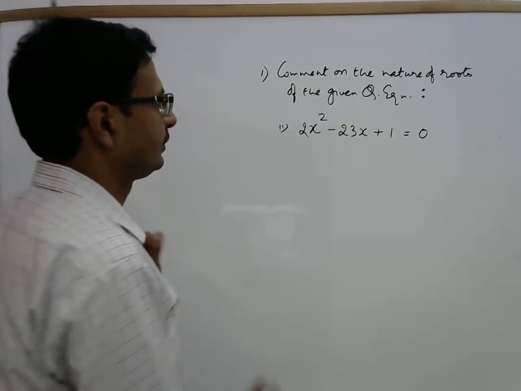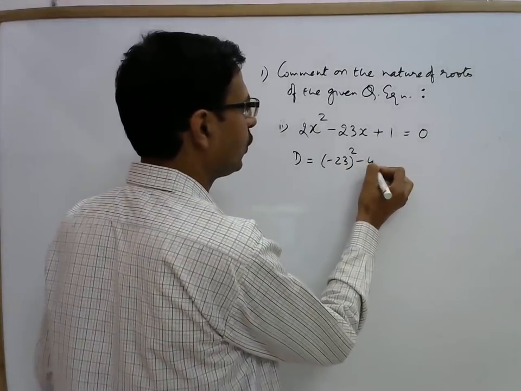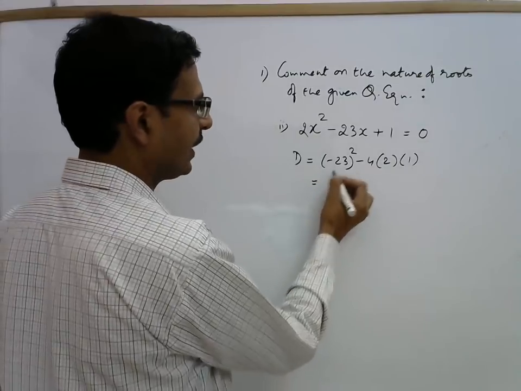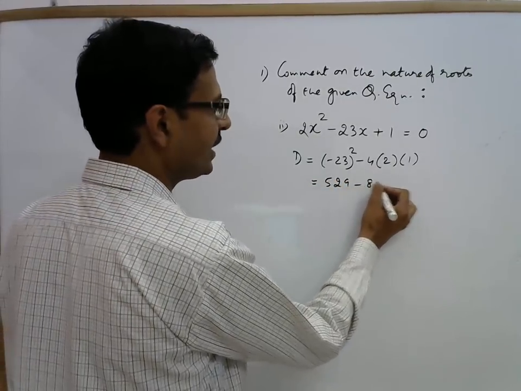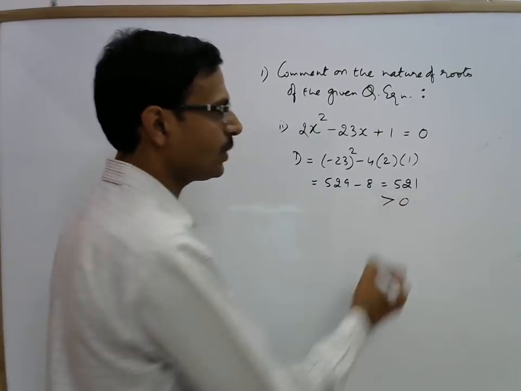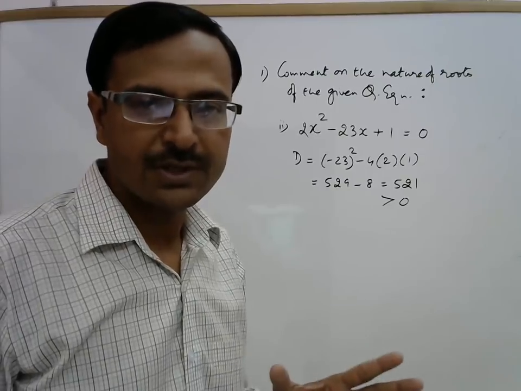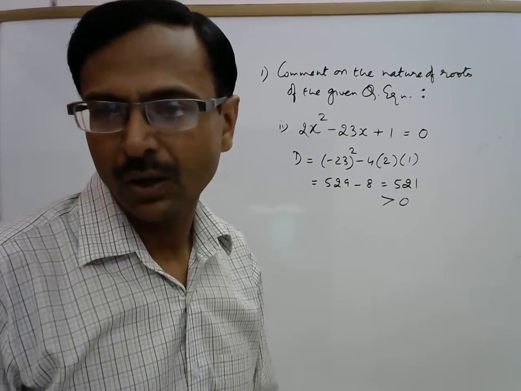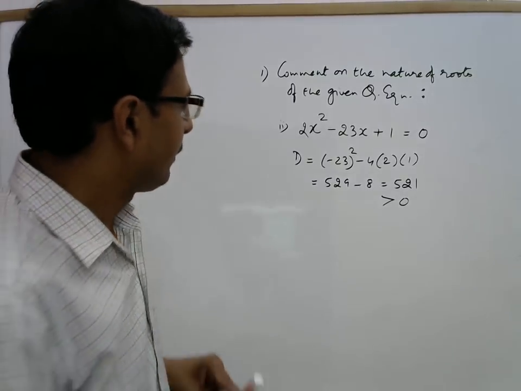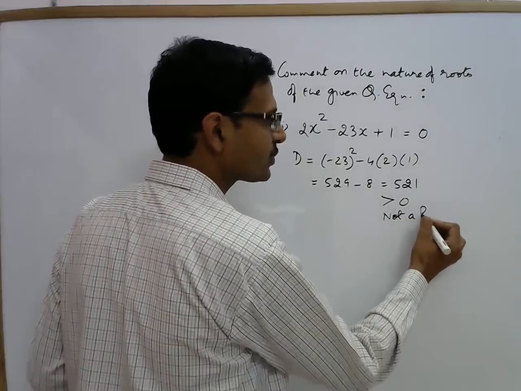Now in this case, the discriminant is b square minus 4ac, which is 23 square minus 4, where a is 2 and c is 1. So now you have 529 minus 8, that is 521. Now see, the discriminant is greater than 0. 521 is a positive value. Whenever the value is positive, you have to see whether it is a perfect square or not. 521 is not a perfect square.